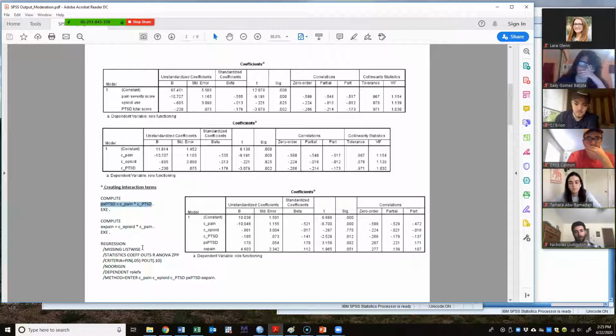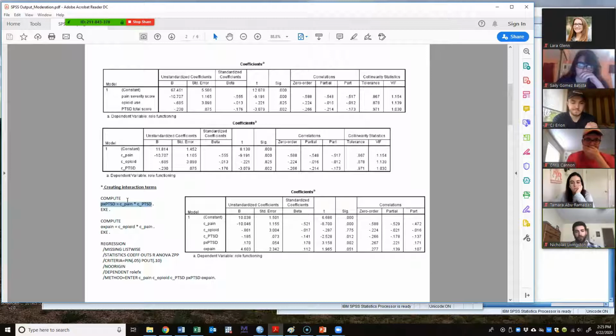And generally what this involves is asking, what do we have lots of evidence for? We have lots of evidence for a relation between pain and functioning, right? That's not interesting. But what we might be interested in here is whether or not opiate use changes the nature of that relation, right? We know that PTSD is related to poor levels of functioning. Does pain severity impact that, right? But we could easily flip it around and look at it either way, okay?